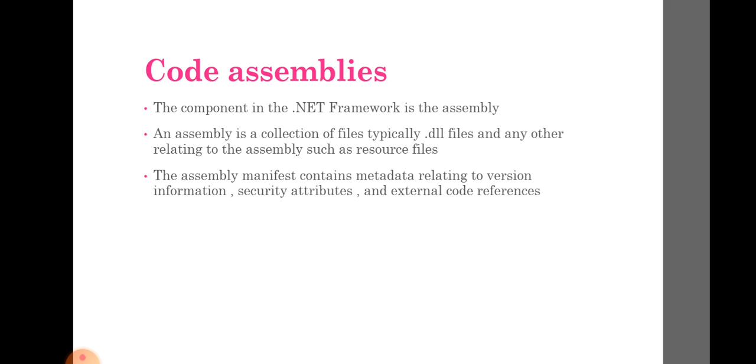Got it? The assembly manifest contains metadata related to version information, security attributes, and external code references. From that, if we need any security attributes for our new applications, we can utilize these assemblies from the assembly manifest. Got it, students?